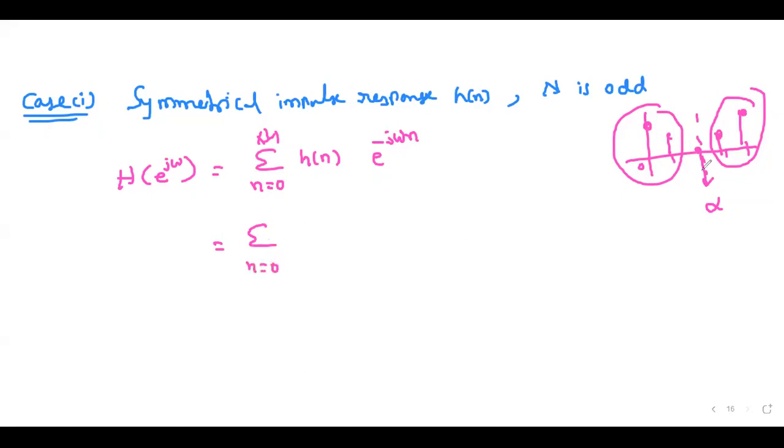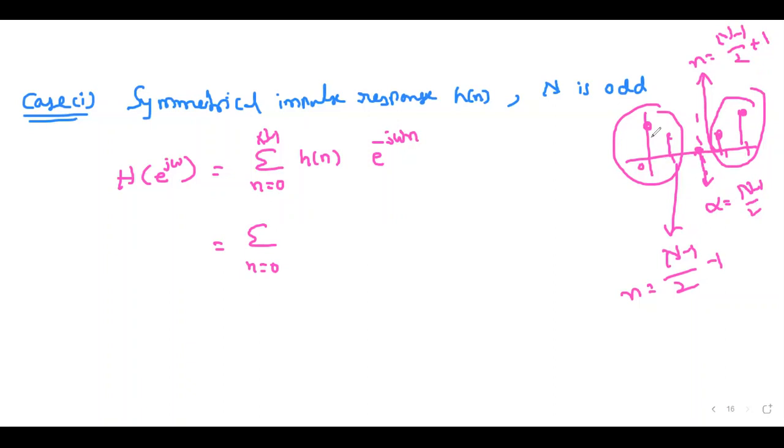One is from 0 to N minus 1 by 2 minus 1. This point is the sample N minus 1 by 2, and the next sample is n equal to N minus 1 by 2 plus 1.